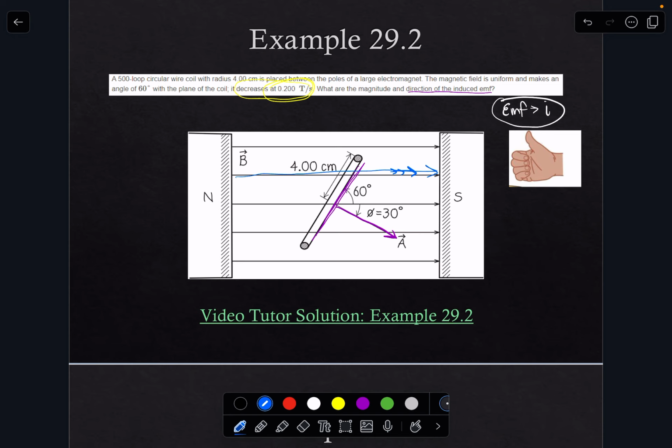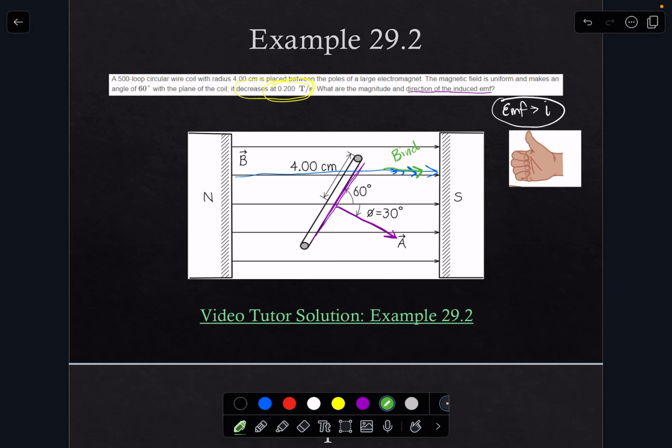So in order to oppose a decreasing magnetic field, this decrease in the vector pointing to the right, we add another vector also pointing to the right. If that blue vector is getting smaller, we need to add another vector in the same direction to oppose it getting smaller. So our B induced is going to be pointing to the right.